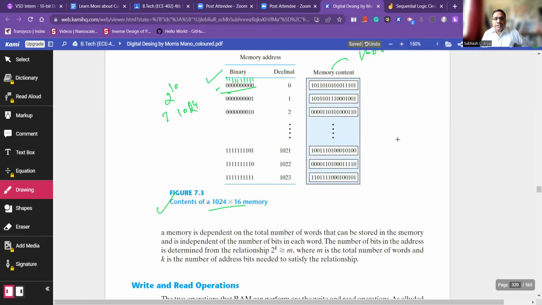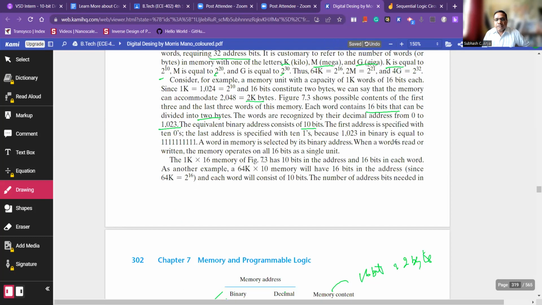So what shall be the capacity? 1024 multiplied by 16. That is the size of this memory element. The first address is specified with 10 zeros, and the last address is specified with 10 ones, because 1023 in binary is equal to this number.